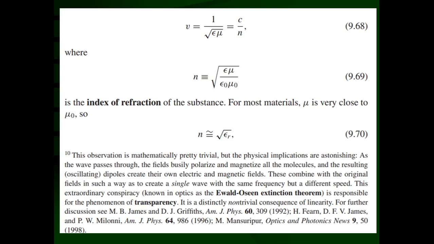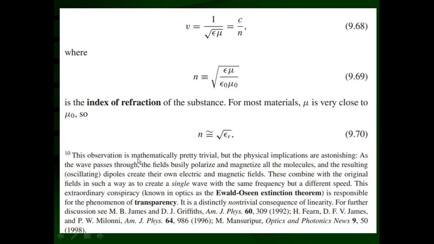So what happens actually? Electromagnetic waves are propagated in a linear and homogeneous medium. When the wave propagates, the original electromagnetic fields polarize and magnetize the molecules of the given material, and hence oscillating dipoles are produced in the material, and these oscillating dipoles create varying electric and magnetic fields.